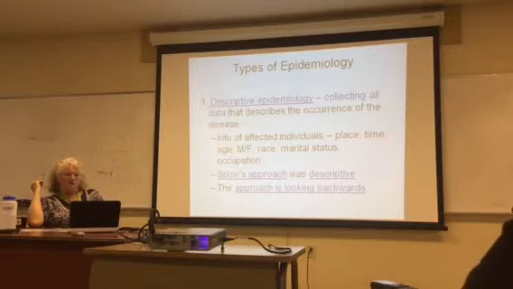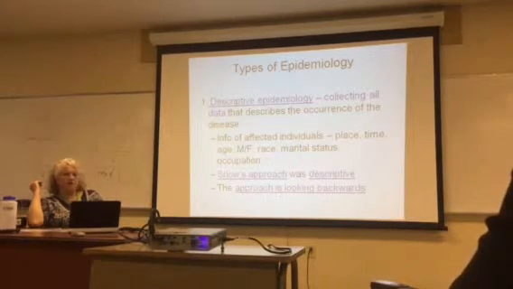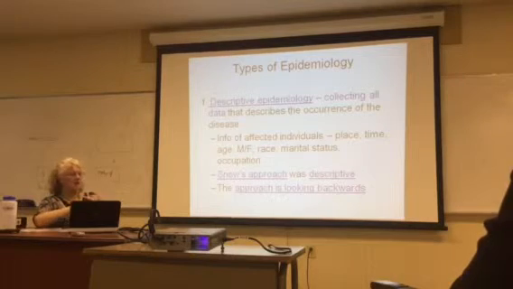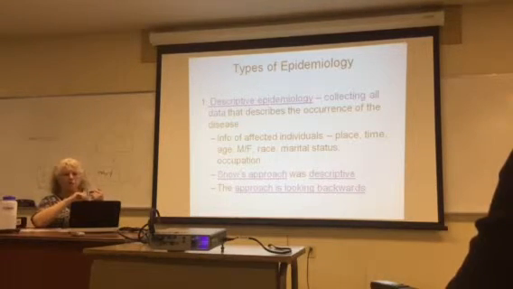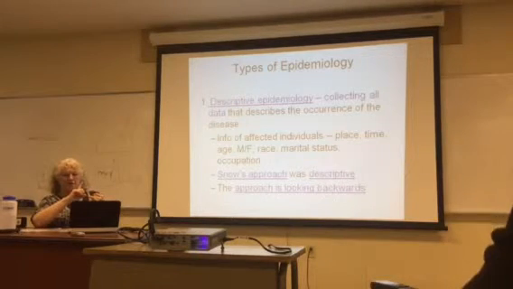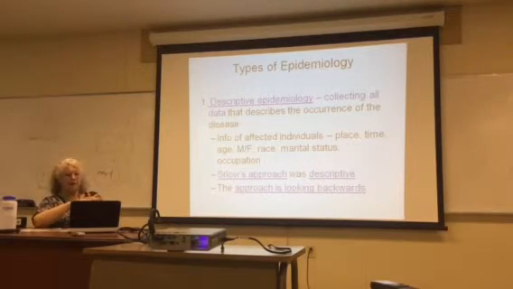So there are different types of epidemiology. One is called descriptive epidemiology. It's collecting all the data that describes the occurrence of the disease. So they collected information on the individuals that came down with it, such as where they were, the time, their age, whether they were male or female, their race, whether they were married, their occupation, all that kind of stuff.